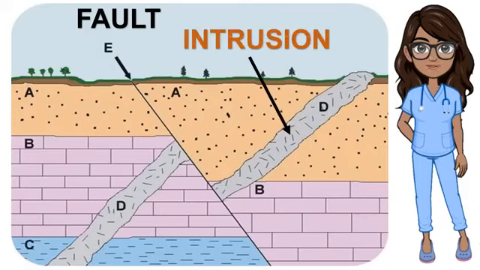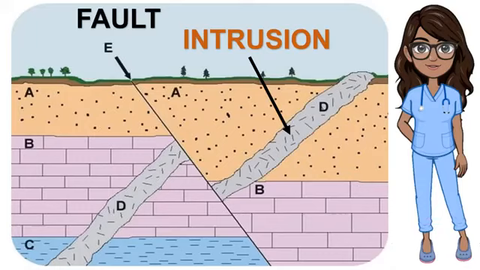The intrusion, D, cuts through the three sedimentary rock layers, so it must be younger than those layers. By the law of superposition, C is the oldest sedimentary rock, B is younger, and A is still younger.